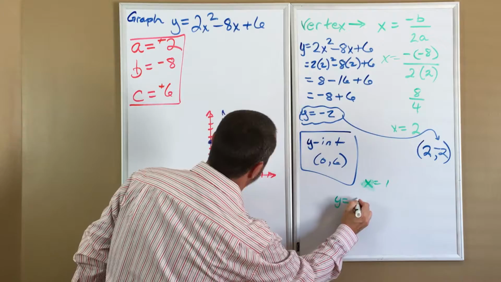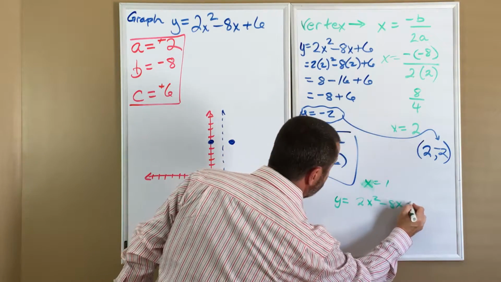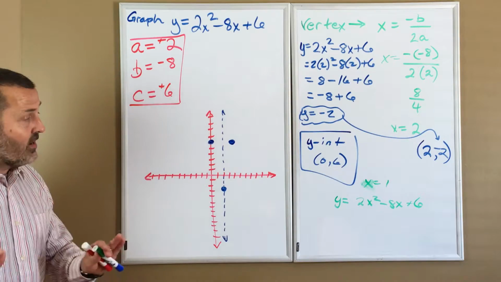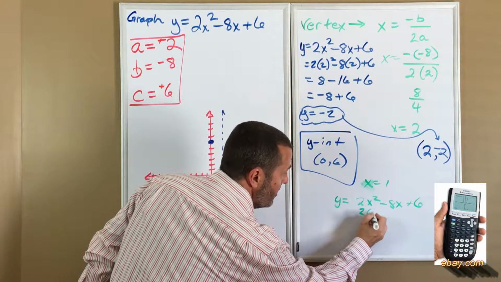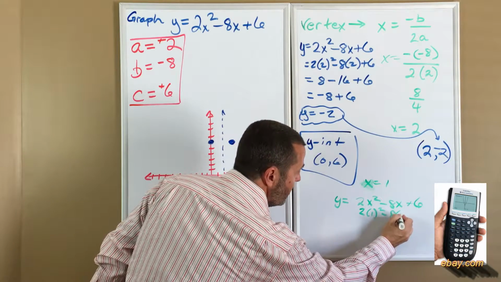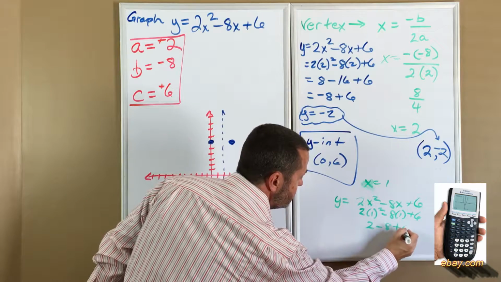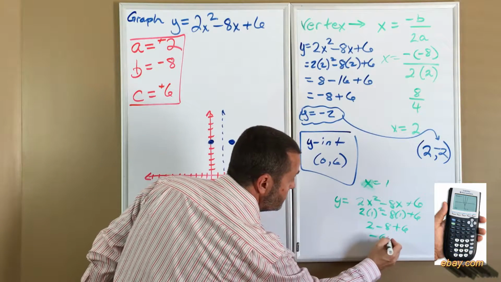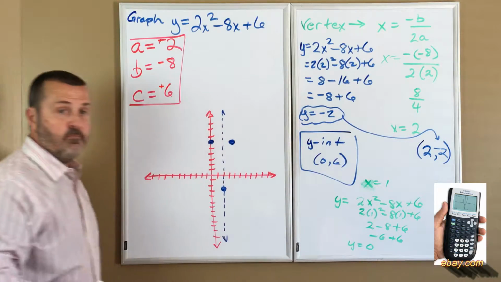y equals 2x squared minus 8x plus 6. Wherever I see an x, I'm going to plug in my 1. My y value is 0.